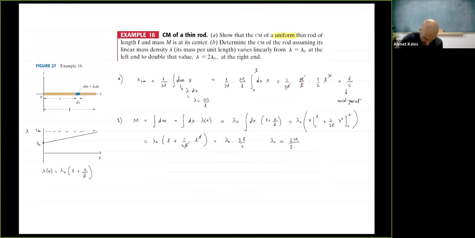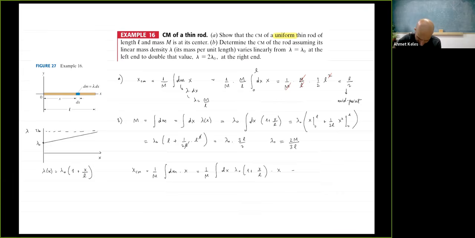Now I can calculate x center of mass. X center of mass is going to be equal to the integral of dm times x, times 1 over m. This is dx. So lambda 0 times 1 plus x over L times x.